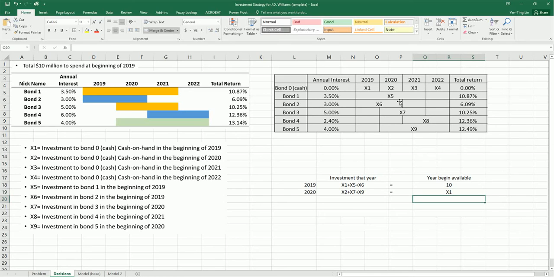Okay, so that's it. Move on to 2021. So what are the investments that take place in that year? Well, first one, X3, the cash. Not bond 1, not bond 2, not bond 3, bond 4, yes.